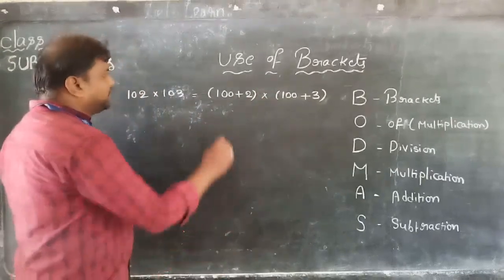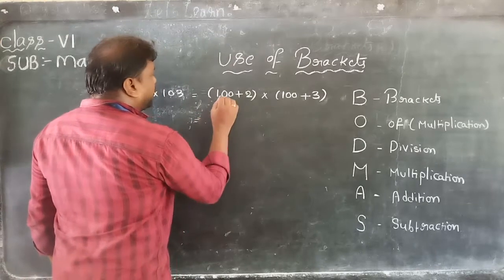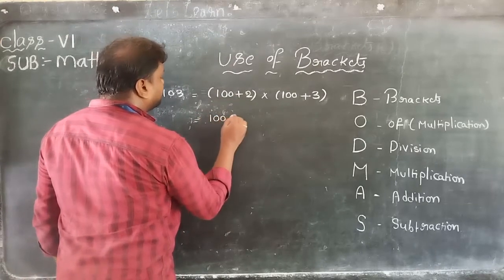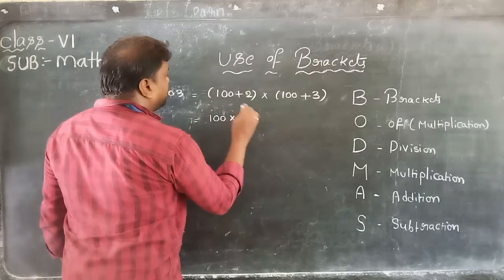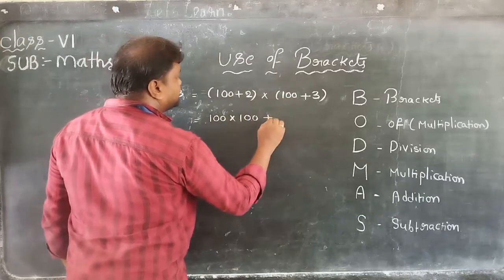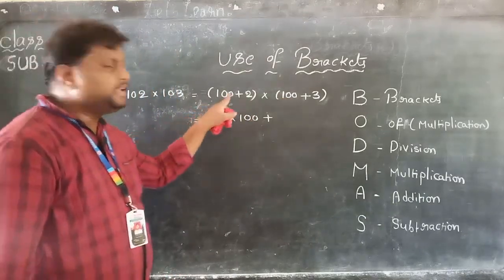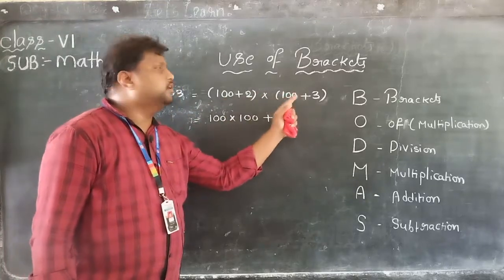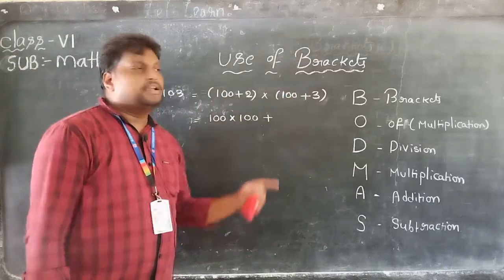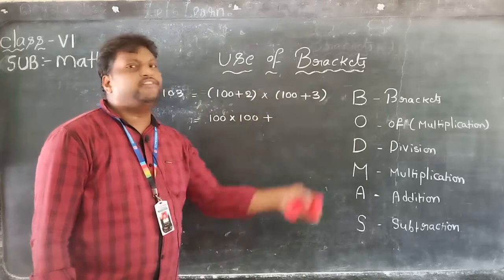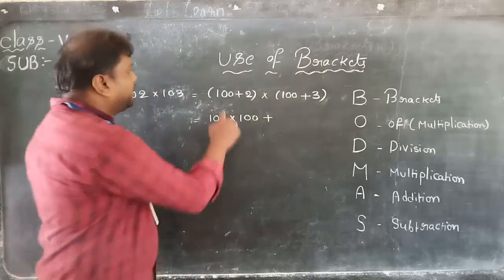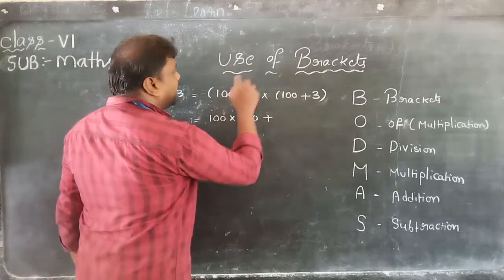First multiply the first number 100 with each and every number in the second bracket. 100 into 100 plus 100 into 3.